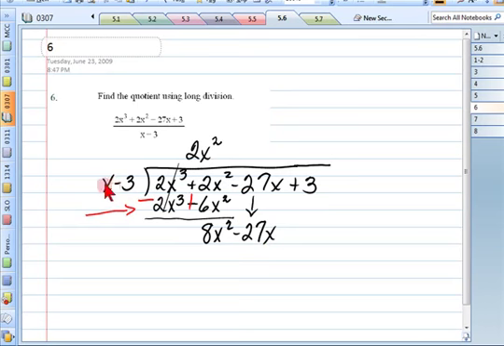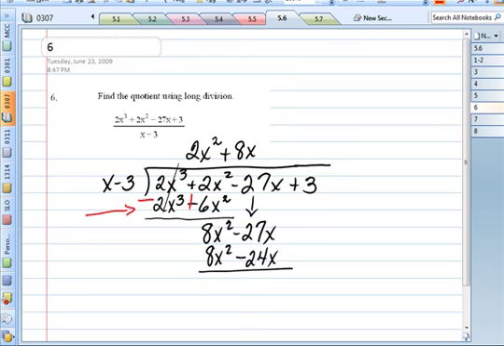What would you have to multiply times this x to turn it into 8x squared? 8x. Now if you multiply 8x times x, that is 8x squared. 8x times negative 3 is negative 24x.